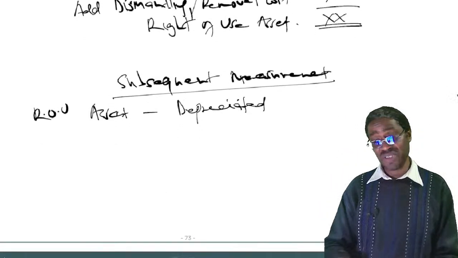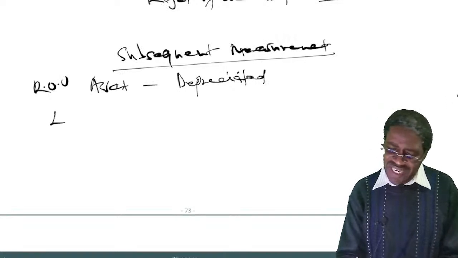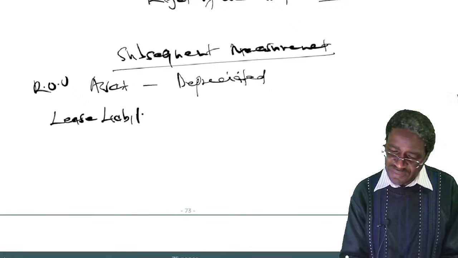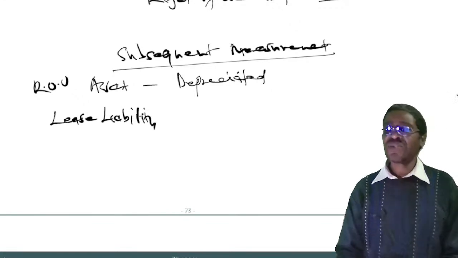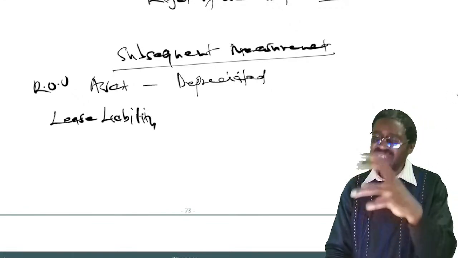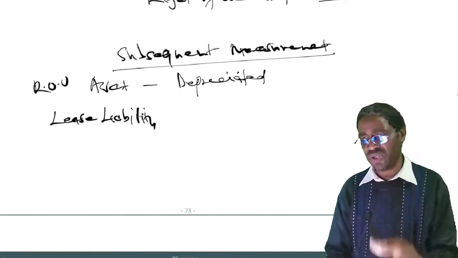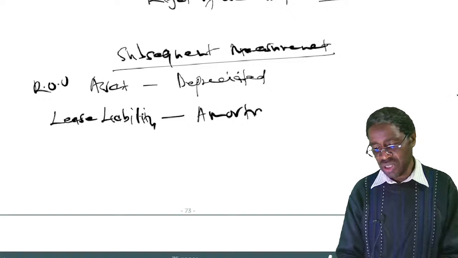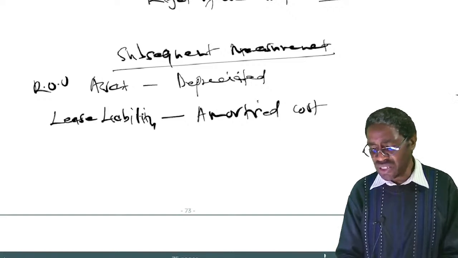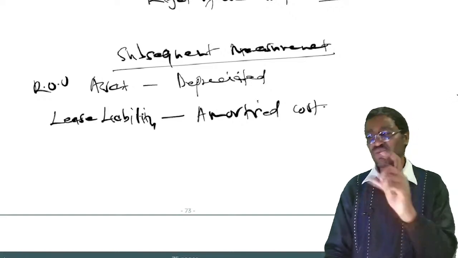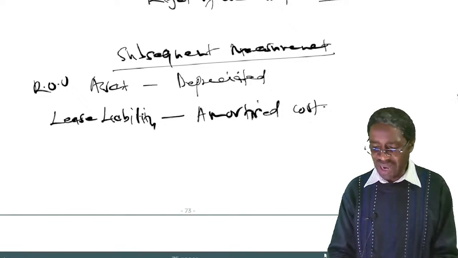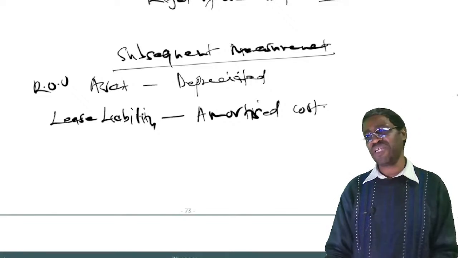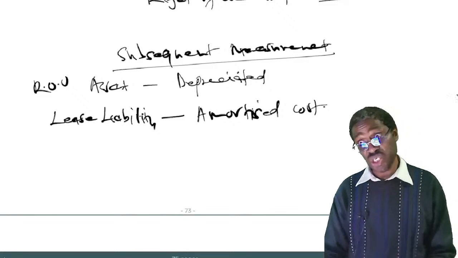Good. Now listen. Whatever you got as the lease liability on day one, how do you measure it in the subsequent period? That amount should be remeasured at its amortized cost. In other words, you determine the amortized cost of that liability at the end of each year.